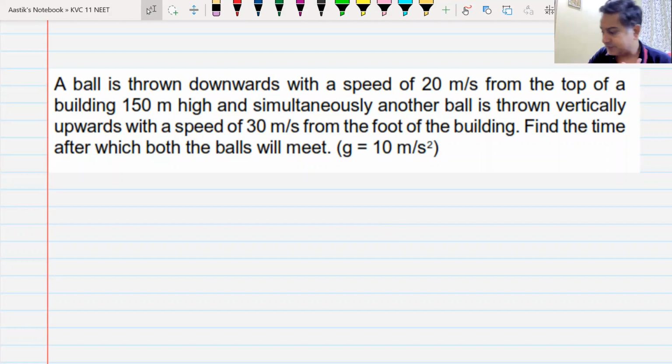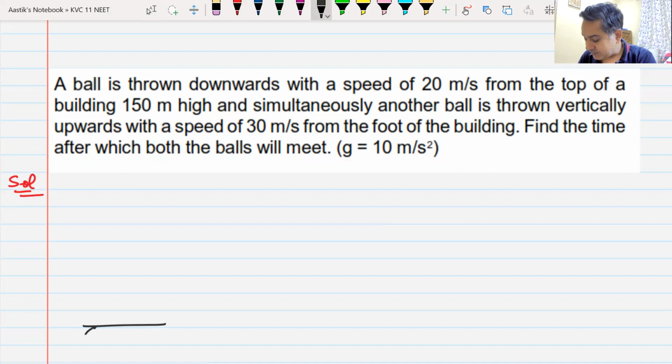Okay, I think you have taken a lot of time. I will try to help you. How are we supposed to do this? If you want, you can draw a simple diagram. Let us say this is your tower. This is A. You are throwing this ball vertically downwards with a speed of 20 meters per second.